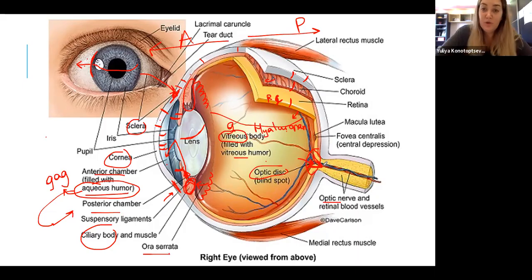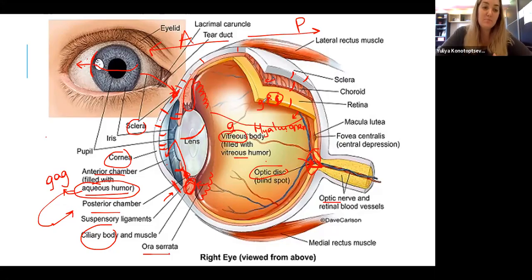Now, let's talk about which kind of axons. So we said in retina, there are rods and cones. They are photoreceptors. Their axons are synapsing with a cell in the retina. The cell is called ganglionic cell. So there is a ganglionic cell sitting in the retina.